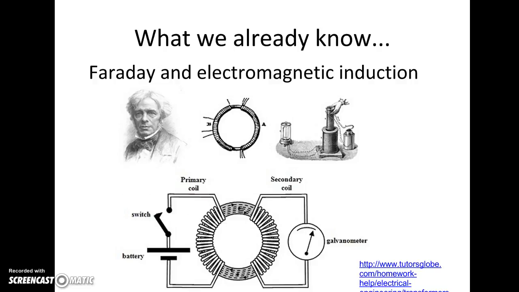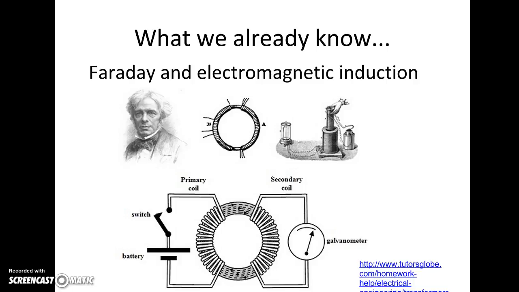Okay, so what we already know from last week, we looked at Faraday and his electromagnetic induction. So we already know that if we've got a coil of conducting wire, and we have a magnetic field, if we move those relative to each other, we will induce a current in the wire.